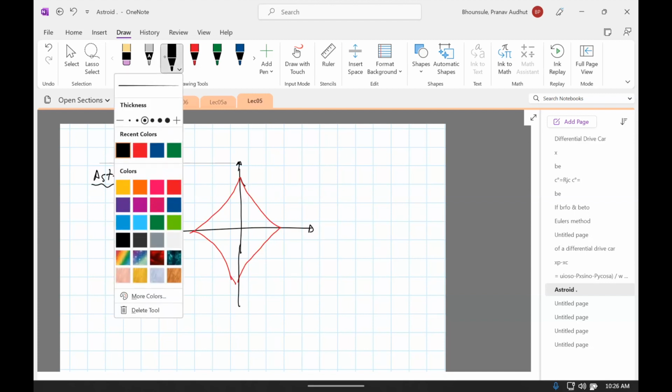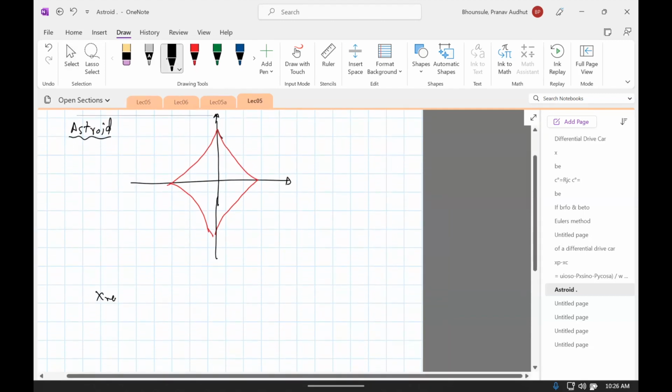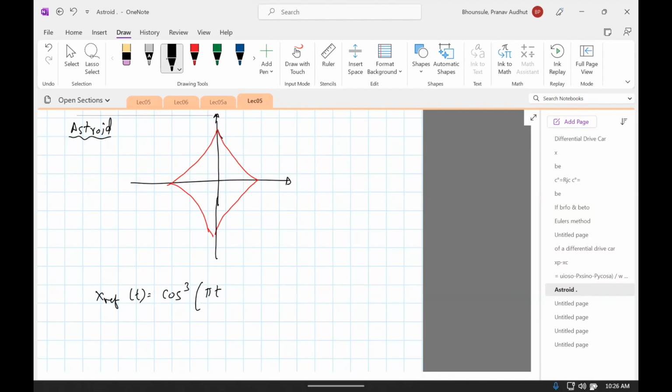The equations, which is what we want, are in those 50 curves I gave you. X ref of t is cosine cube of pi t divided by 5, and y ref of t is sine cube of pi t divided by 5. Okay, so let's see if we can get the car to track that curve.